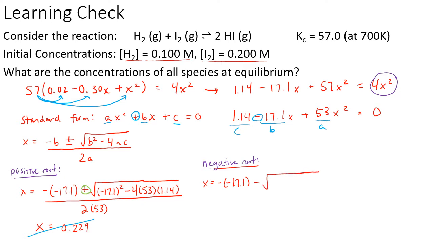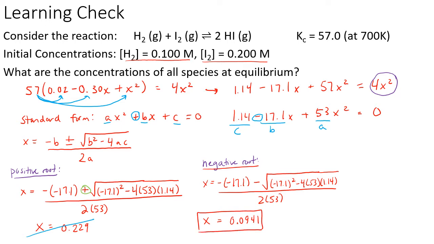Square root of negative 17.1 squared minus 4 times 53 times c, which is 1.14, divided by 2 times a, which is 53. And checking our negative root, our x value should come out to being 0.0941. This x value makes sense.